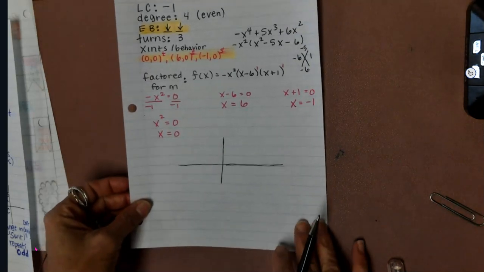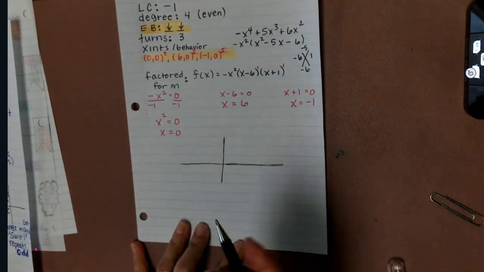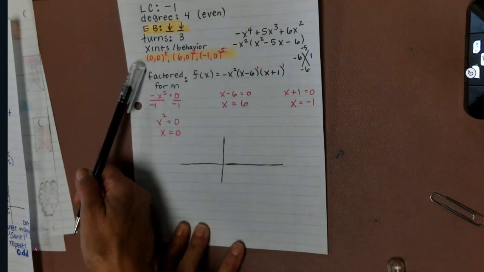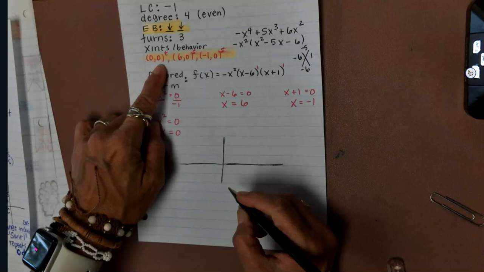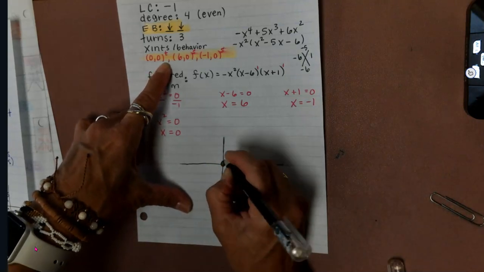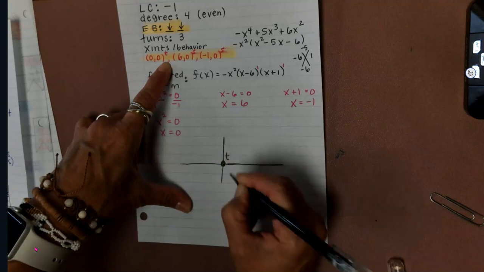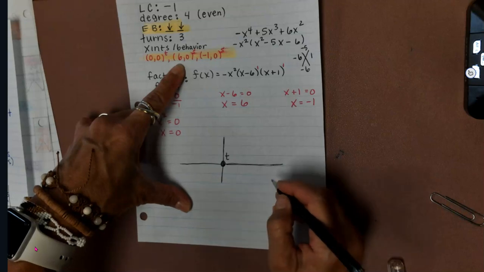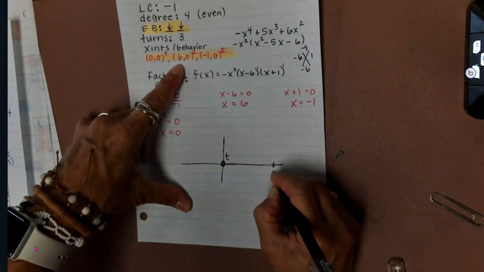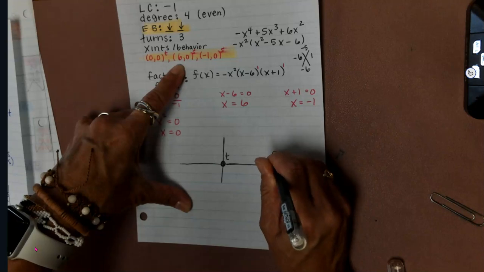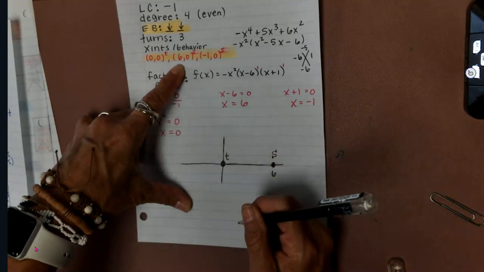So now that I've drawn my x-axis, what I'm going to do is plot these points, and I'm going to label the behavior. So the first x-intercept is (0, 0), that's right here, and that is a tangent behavior on the x-axis. The next x-intercept is a positive 6, and that's going to go straight through from one side to the other.